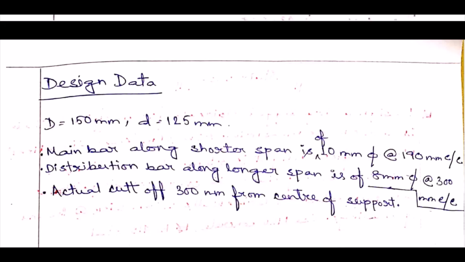So capital D, the overall depth, is 150 mm, small d, the effective depth, is 125 mm. The main bar along the shorter span is 10 mm at the rate of 190 mm center to center. The distribution steel bar along the longer span is 8 mm dia at the rate of 300 mm center to center, and the actual cutoff is 300 mm from the center of the support.